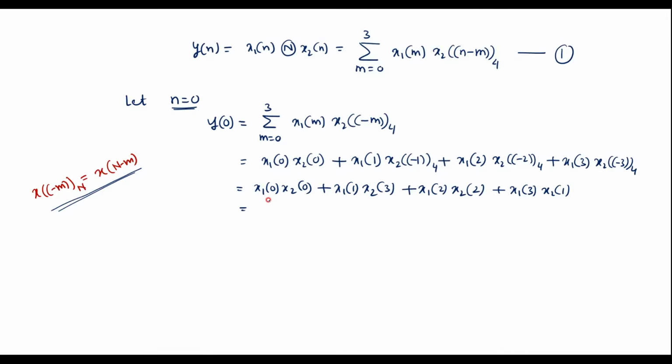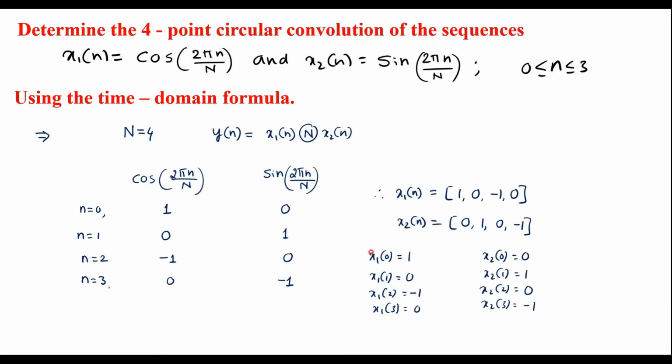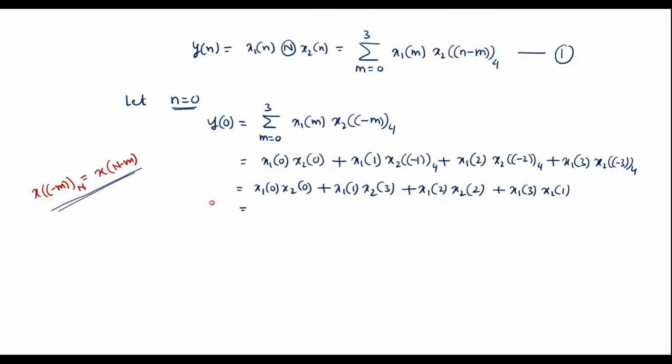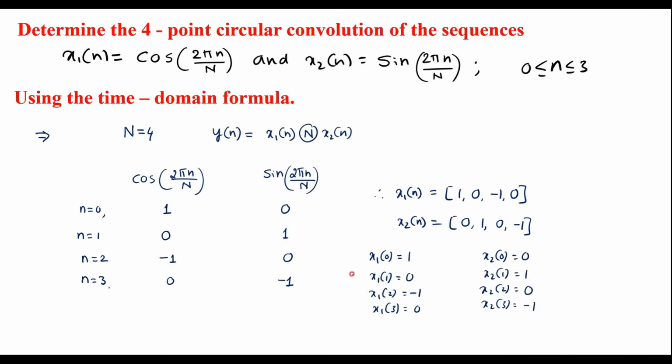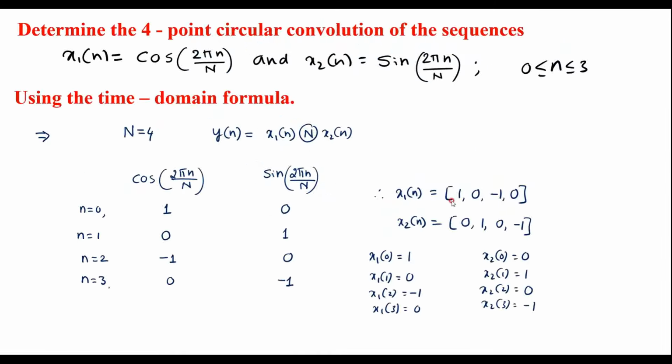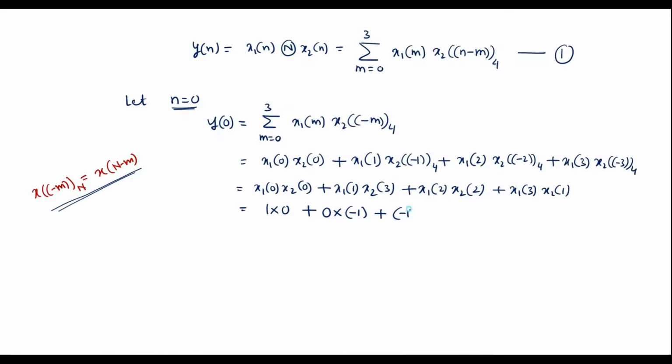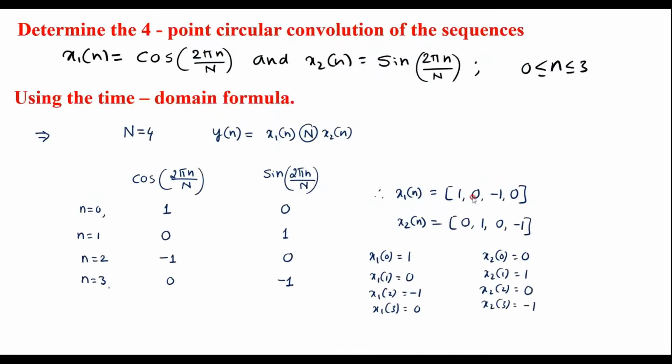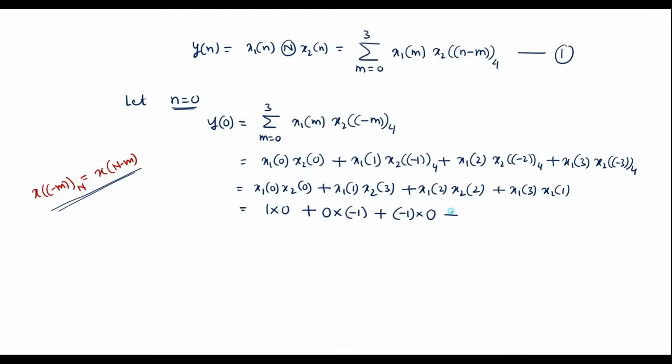Now let me substitute the values. x1 of 0 is 1, x2 of 0 is 0, so it is 1 into 0, plus x1 of 1 is 0, that is 0 into x2 of 3, which is minus 1, plus x1 of 2 is minus 1 into x2 of 2 which is 0, plus x1 of 3 is 0 into x2 of 1, which is 1.